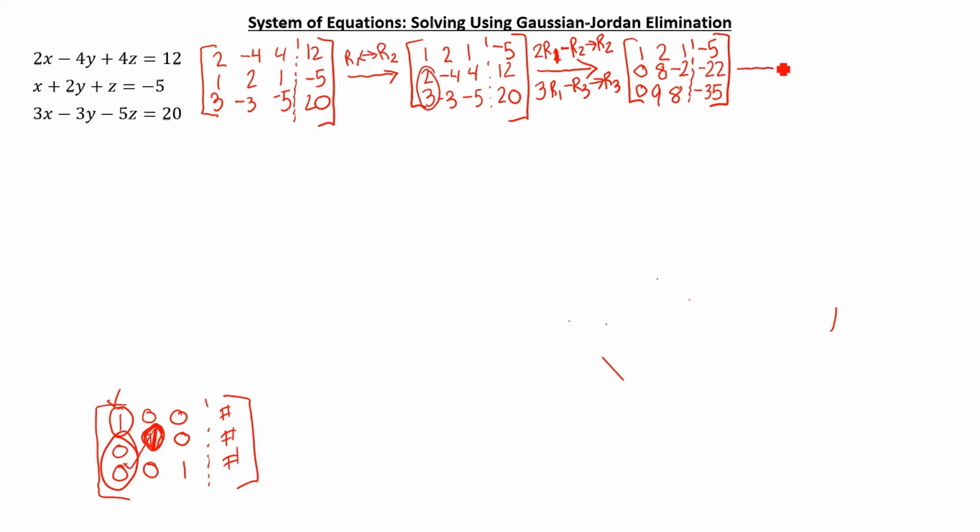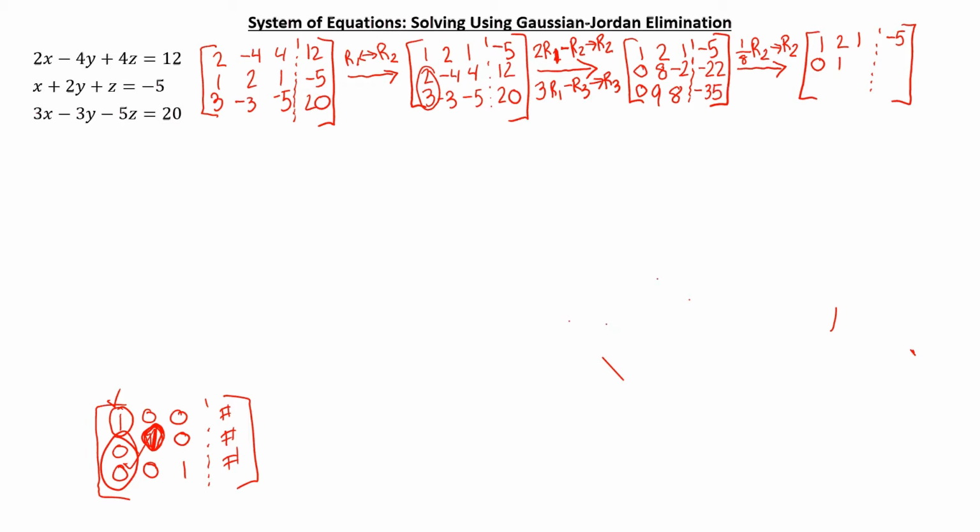So what we're going to do is we're going to multiply row 2 by 1 over 8. And even though I said the evil words of division, technically it does not exist. So 1, 2, 1, negative 5. Then we'll have 0. 1/8 times 8 is 1.